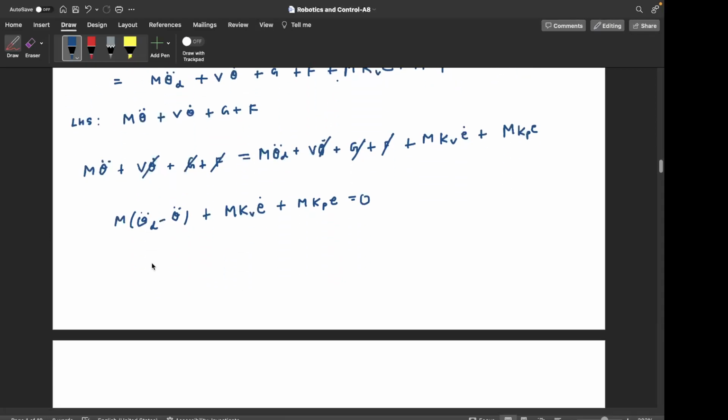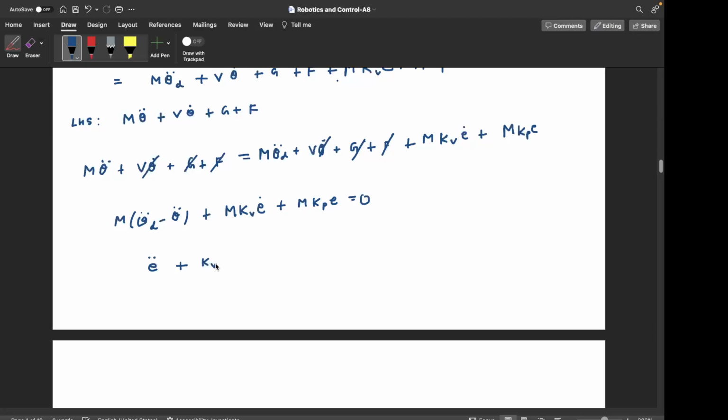And this theta d double dot minus theta double dot is nothing but e double dot, right? So e double dot, and M is there in all the terms, so we can cancel it out.